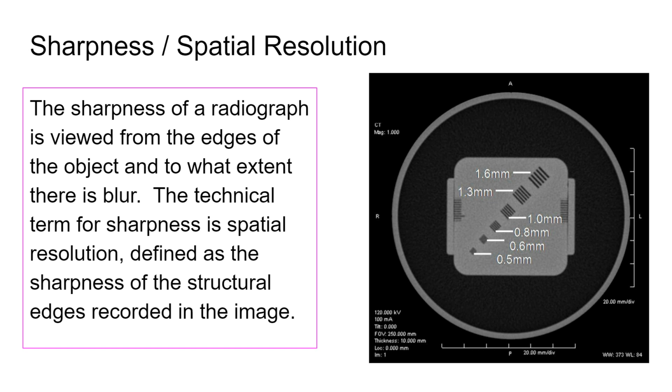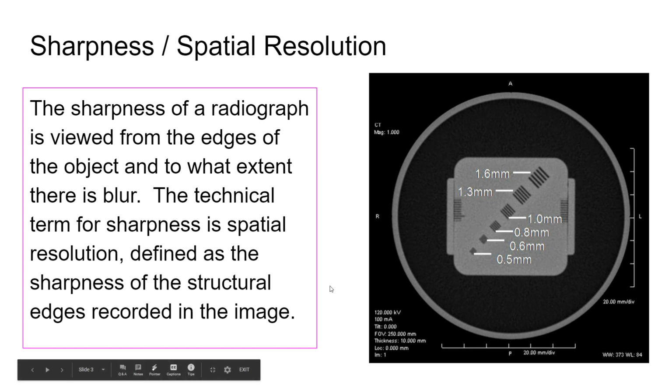A lot of times we look at spatial resolution, as you've seen in the labs, by using a line pair test tool. The more lines that you can see, the better. So spatial resolution is better here at, let's say, 0.8 than it is at 1. And then we're starting to lose it. So an object that's 0.6 millimeters will not be able to be identified. That's kind of what that's saying.